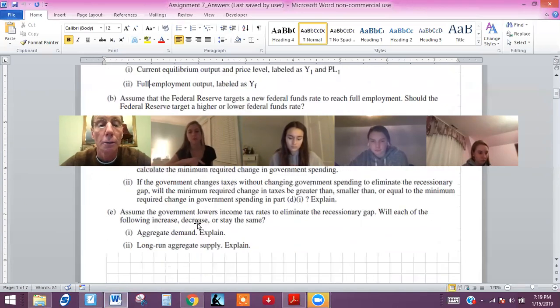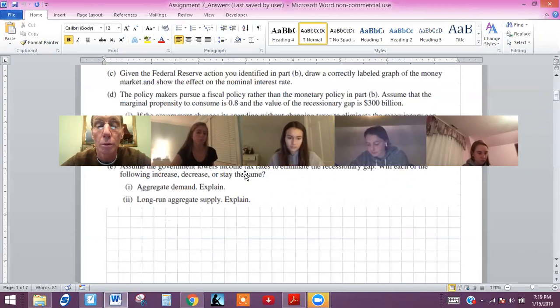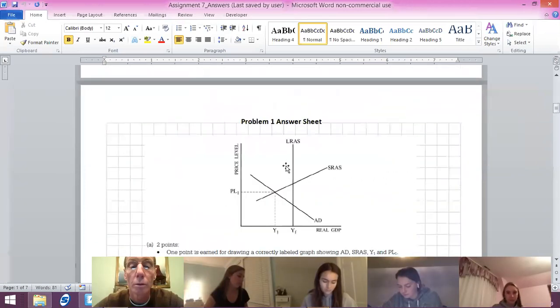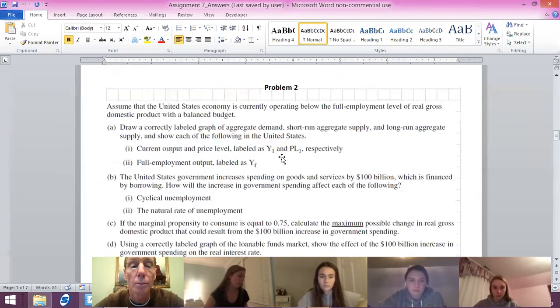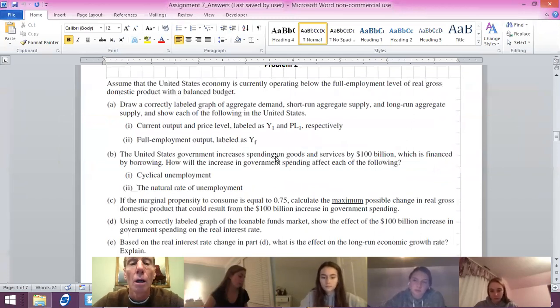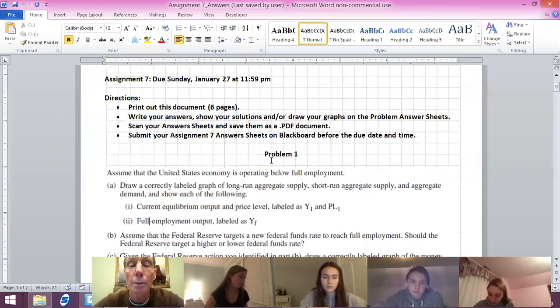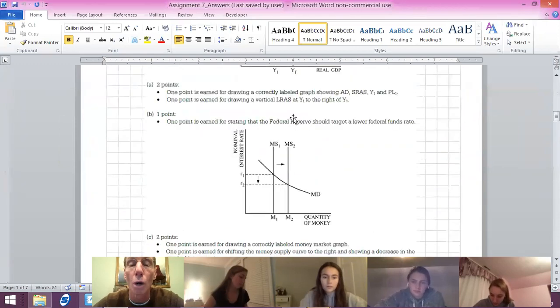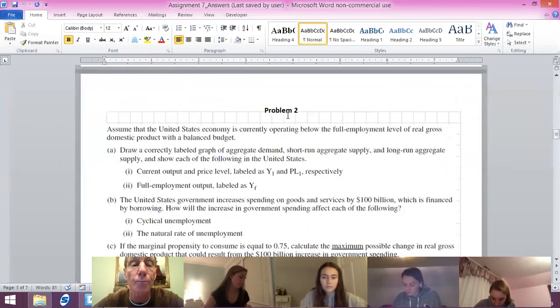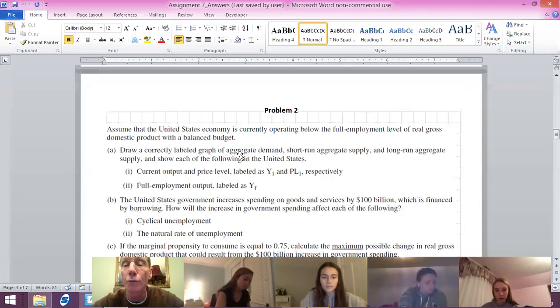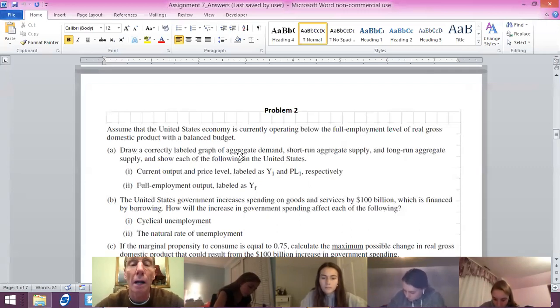Okay, problem 2. So this is also one where the U.S. economy is operating below full employment, and they've got a balanced budget.